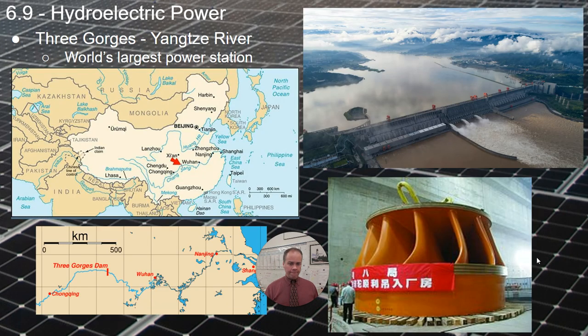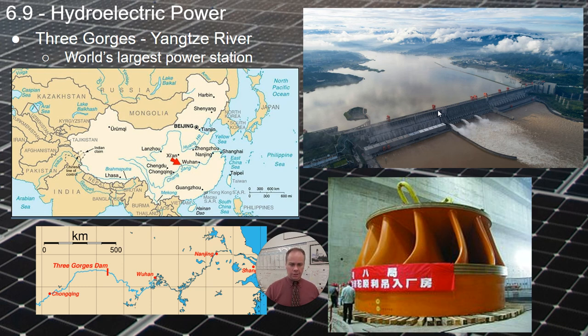Here's another one. This is the Three Gorges Hydroelectric Power Station. This is the world's largest power station of any kind. It's on the Yangtze River in China. You can see its location here. You can see the Three Gorges Dam here. And this is just one of the turbines. You can see how immense it is. Again, another huge hydroelectric installation.